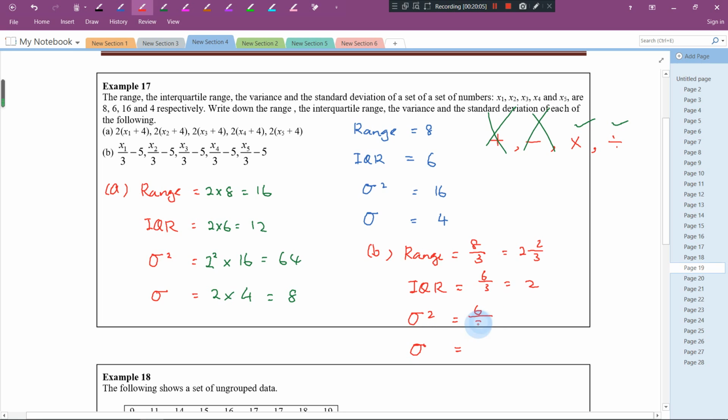No. 16 divided by 3 square, which is 16 over 9. So this is the answer. Same thing, if you want to change to a mixed number, also can. Last one, standard deviation, 4 divided by 3. Okay, so this is the answer.